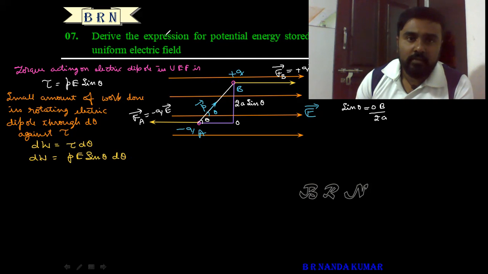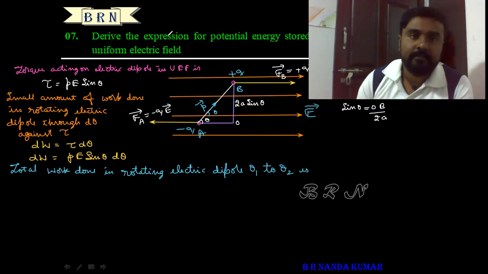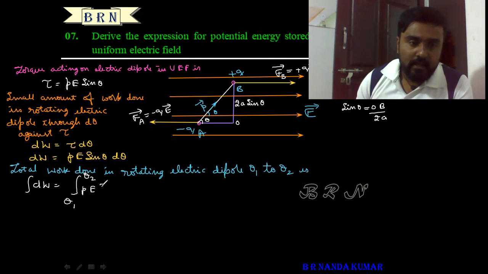So the total work done in rotating the electric dipole from initial angle theta 1 to final angle theta 2: applying integration to the previous equation, integration of dW, with limits varying from theta 1 to theta 2, p E sin theta into d theta.